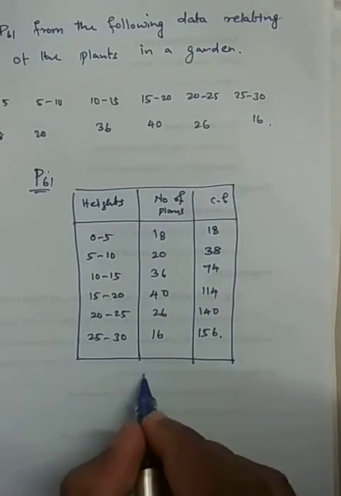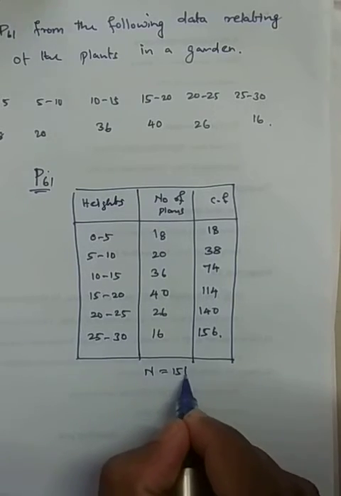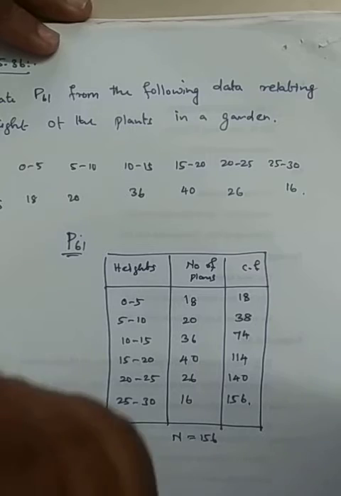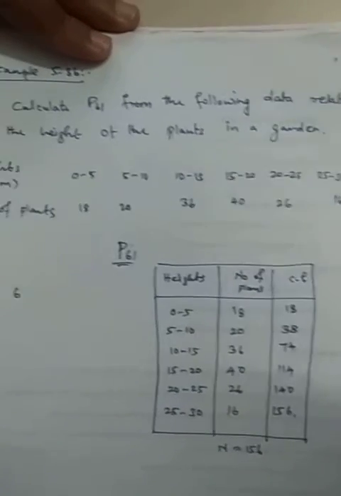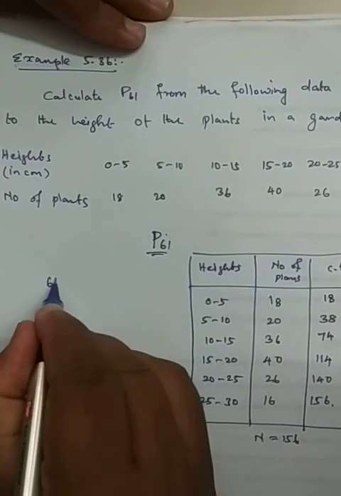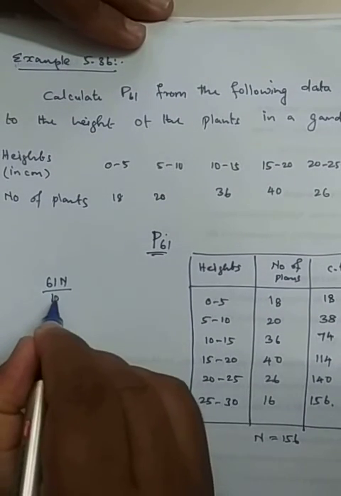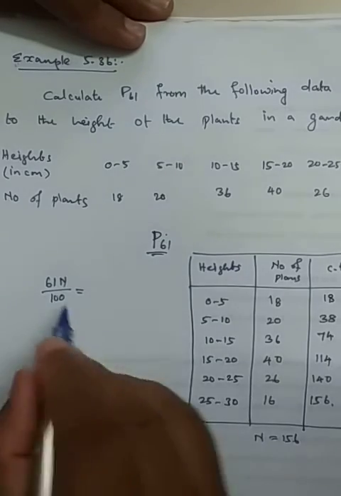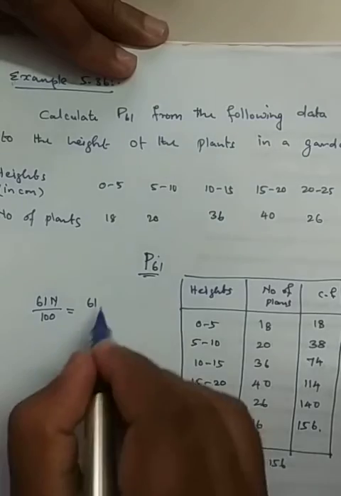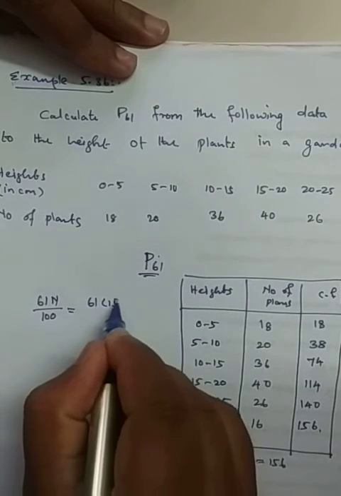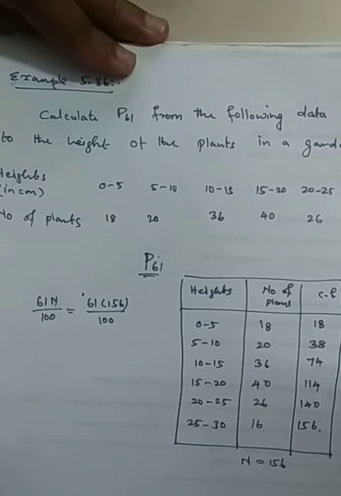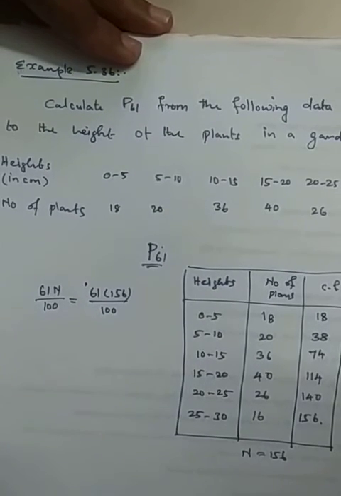So you can see n value we are getting is 156. So now for P61, we need 61n by 100. Here n value is 156, so 61 into 156 divided by 100.